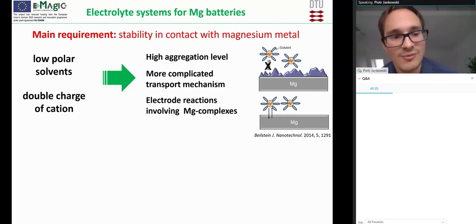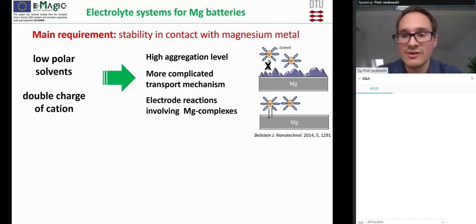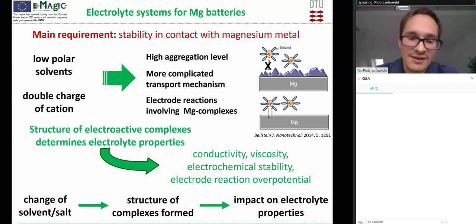Because of that, we usually use low polar solvents, and that together with the double charge of the cation causes huge aggregation of the system and formation of clusters. And indeed, these clusters are responsible for most of the properties of the electrolyte. So if we want to study the change of the solvent or salt and look at the impact on the electrolyte properties, we need to find out what the structure of these complexes is.